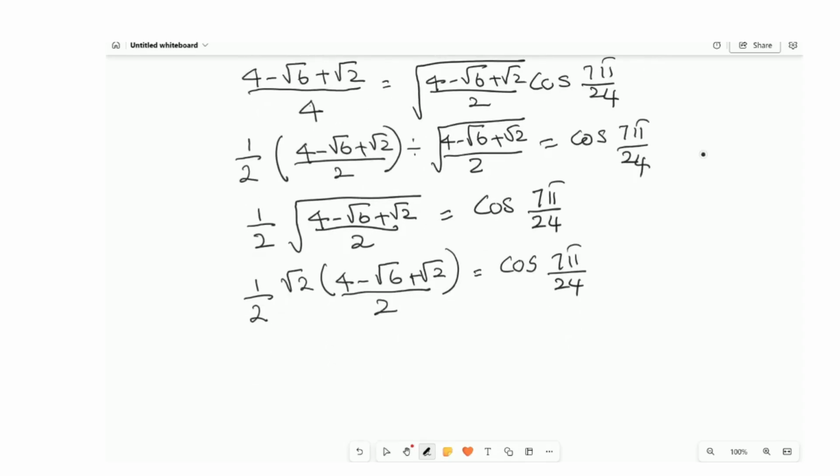Okay, now I expand this bracket multiplying by square root of 2, and 2 times 2 is 4, 1 over 4.